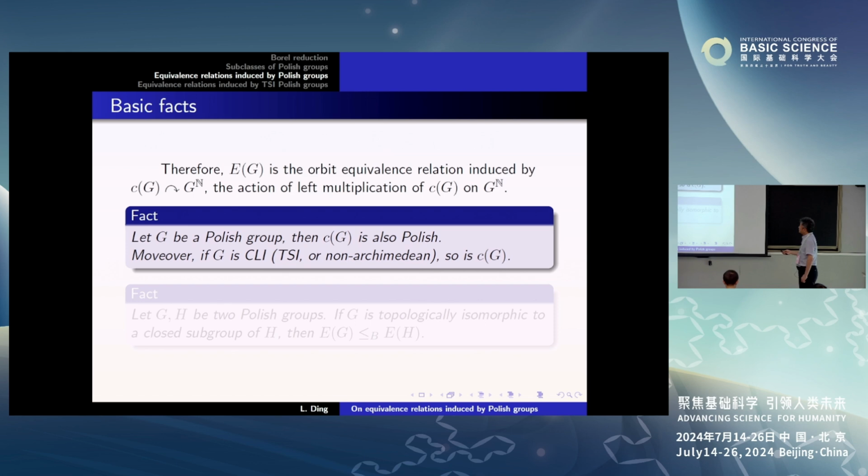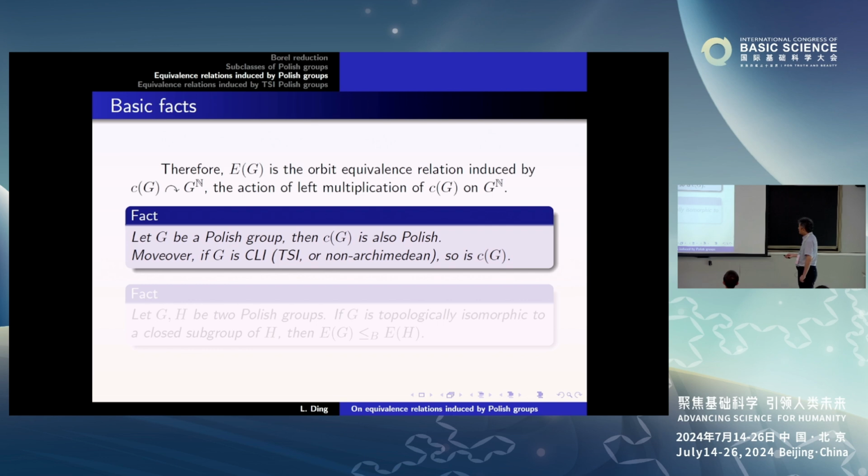Here we claim that EG is an orbit equivalence relation induced by CG acting on G^N. The action is just the left multiplication of CG on G^N. Let G be a Polish group, then CG is also Polish. If G is CLI, CG is also CLI.